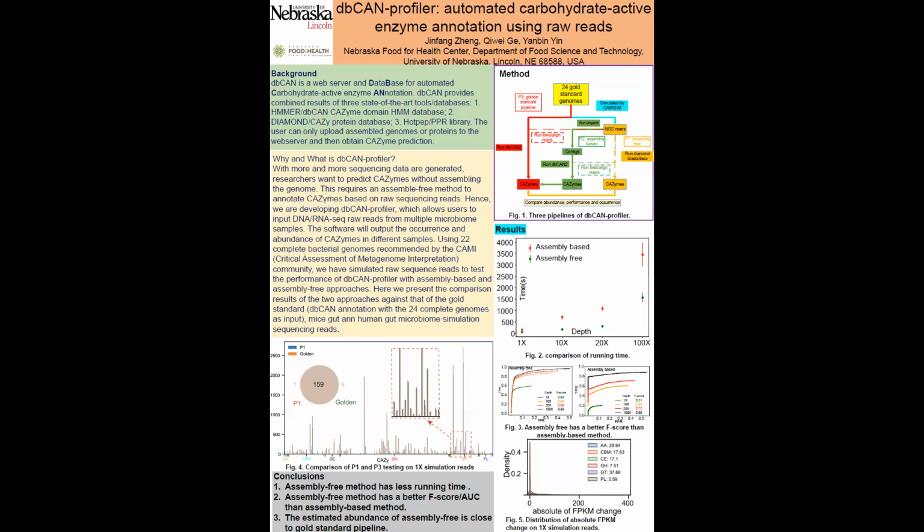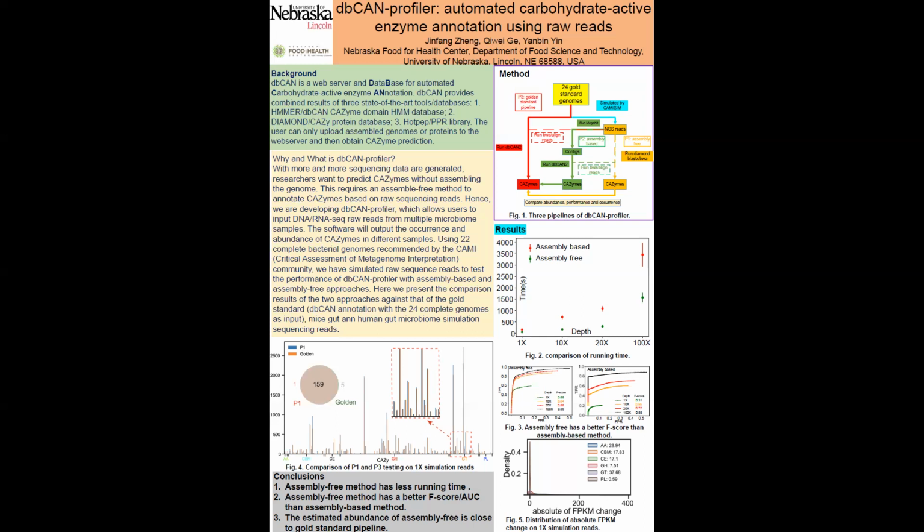The golden standard genome was simulated to generate the NGS reads, and then we use BWA to map the reads to the CAZyme CDS database, or use DIAMOND to align the reads to the CAZyme protein database.